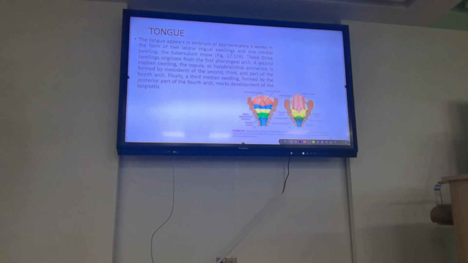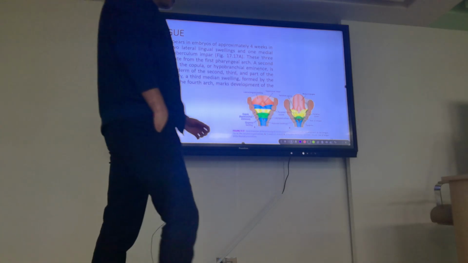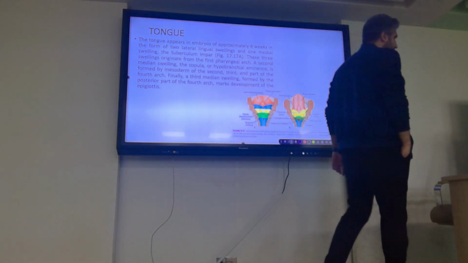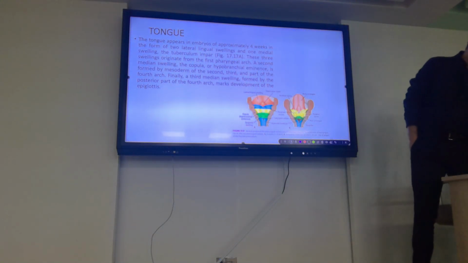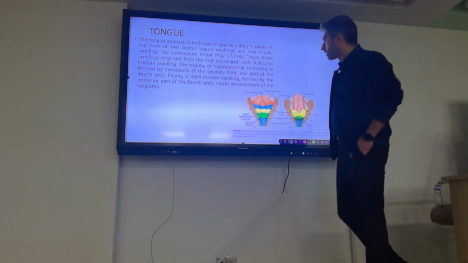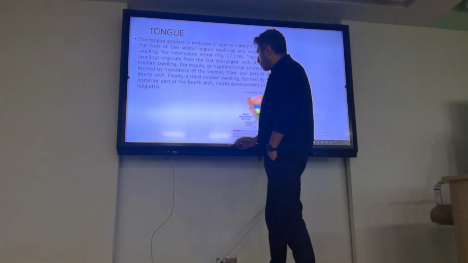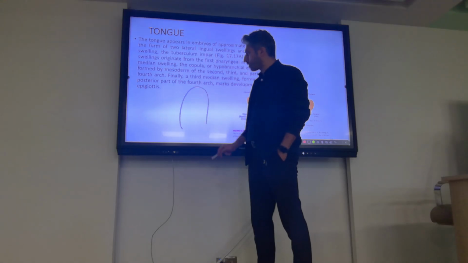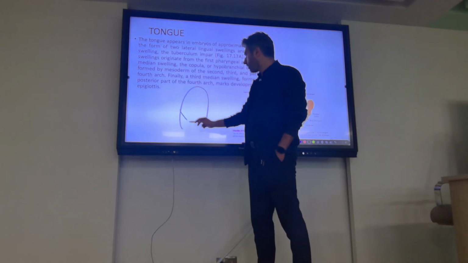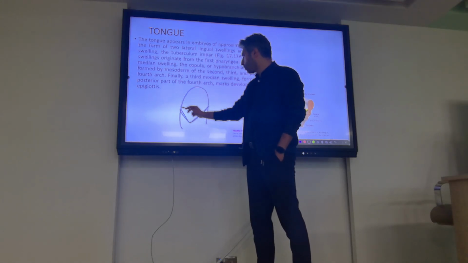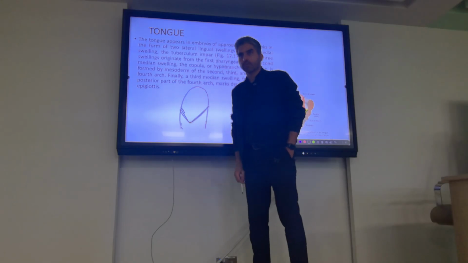So we know from anatomy of the oral cavity and GI system that tongue innervation is a little complex. When you see a complete tongue, you have a V-shaped groove, the terminal sulcus.